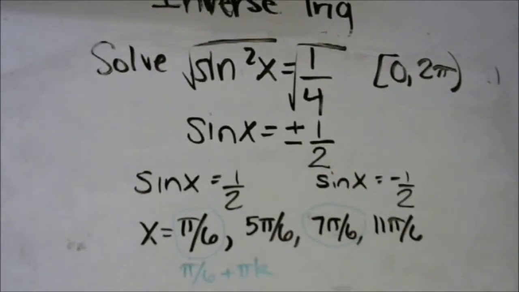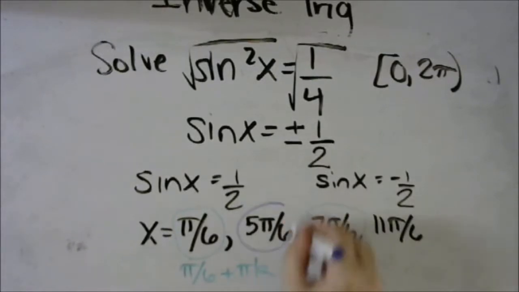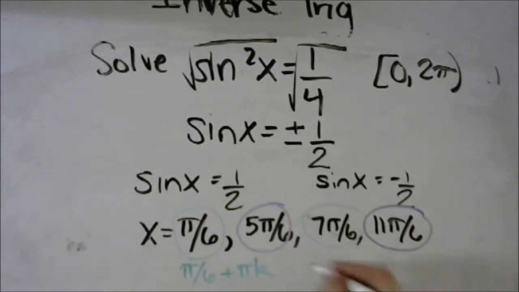And the same relationship exists for 5pi/6 and 11pi/6. They're pi away from each other. And so we can write this relationship as 5pi/6 plus pi k.